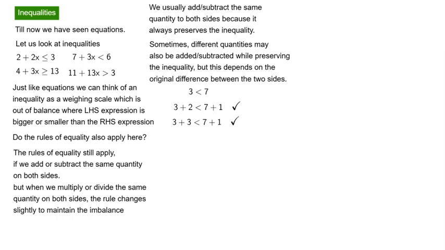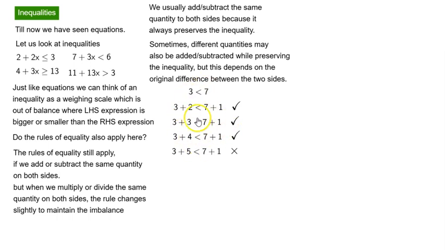3 plus 3 is less than 7 plus 1. True. 3 plus 4 is less than 7 plus 1. Yes, perfectly fine. But 3 plus 5, which is 8, is less than 7 plus 1, 8. So 8 is less than 8 is not a true statement.